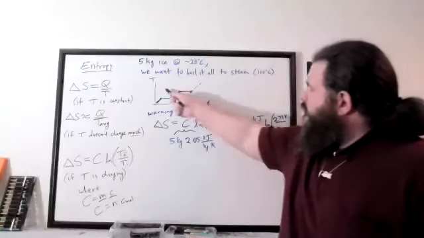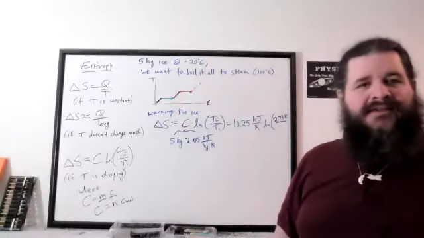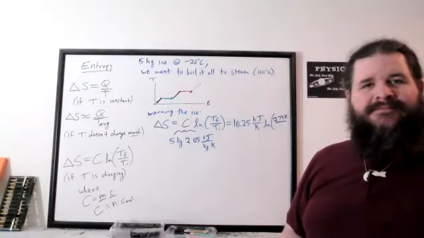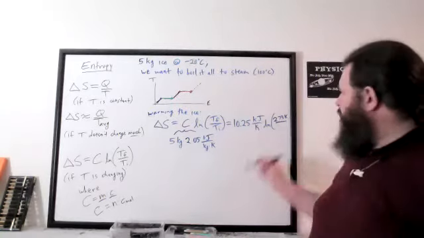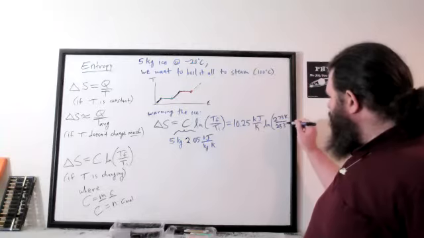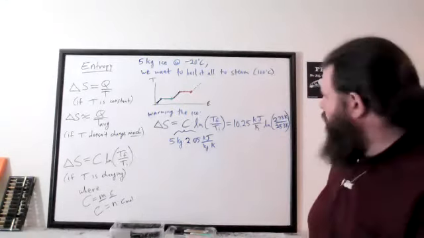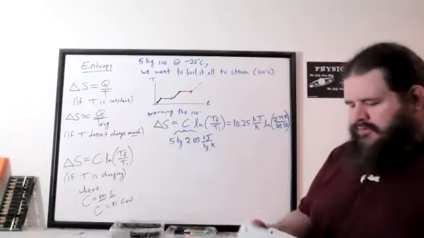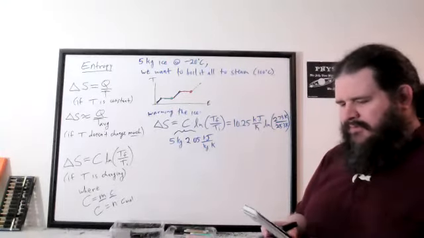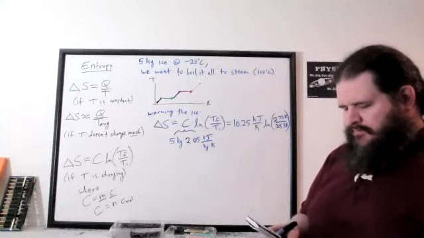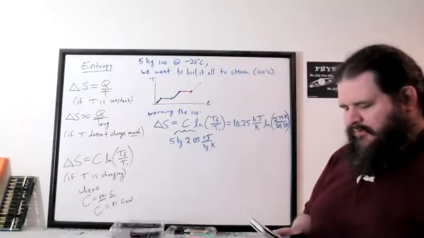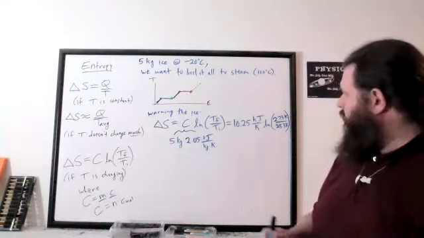And then the initial temperature was -20, which is the same as? 253. Yeah. Everything's in Kelvin, so Kelvins and Kelvins cancel out when we divide. And then we just need to multiply that out. 10.25 times logarithm of 273 over 253.